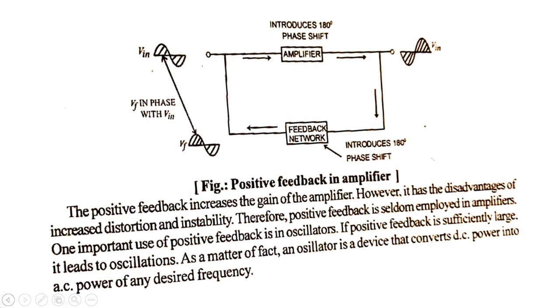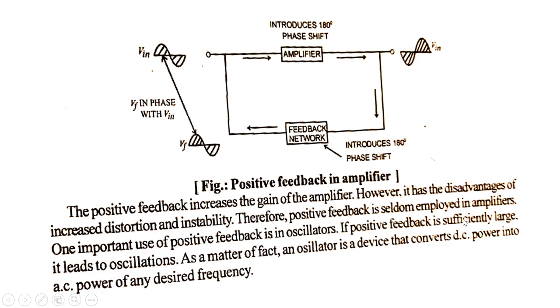See, positive feedback increases the gain of the amplifier. However, it has the disadvantage of increased distortion and instability. Therefore, positive feedback is seldom employed in amplifiers. One important use of positive feedback is in oscillators.